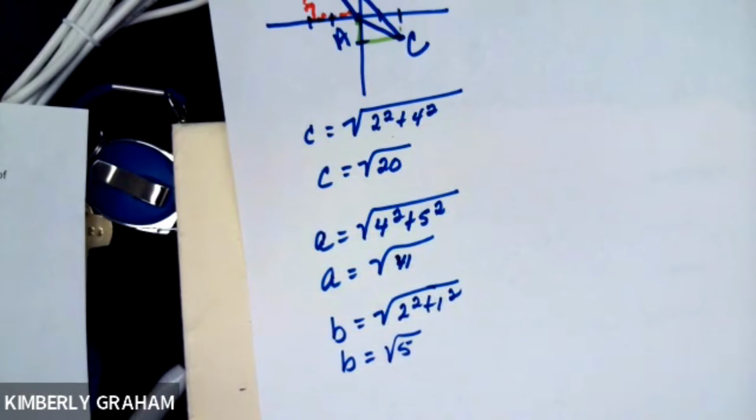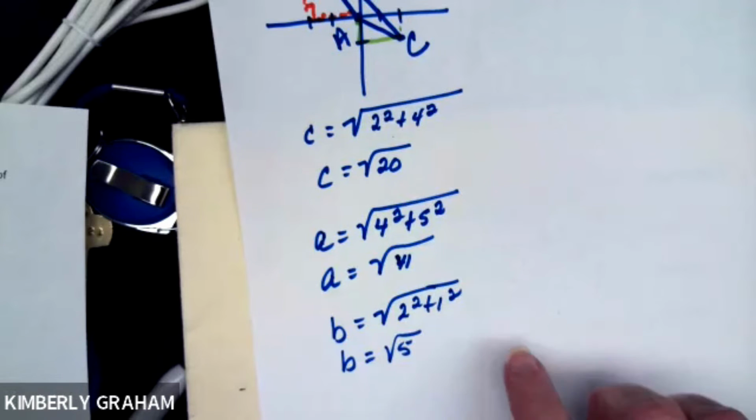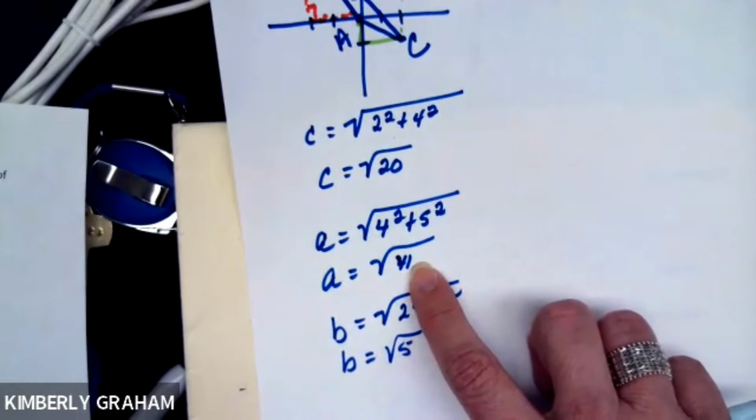Okay, so now I know the lengths of all 3 sides. So my next step here is to use the law of cosines to find the angle opposite the longest side. The longest side here is the square root of 41.